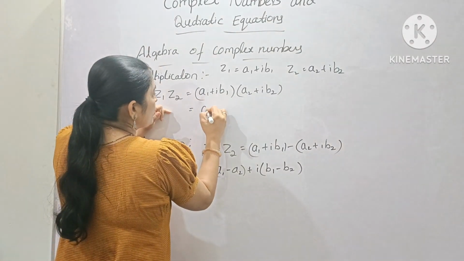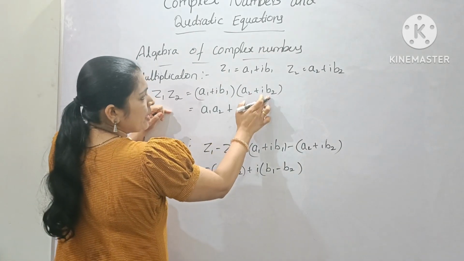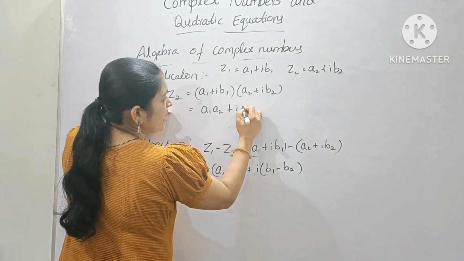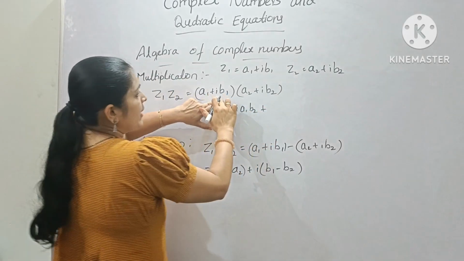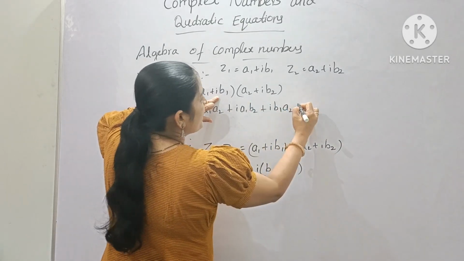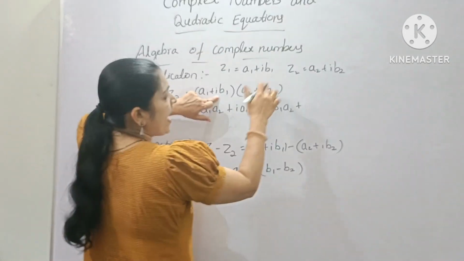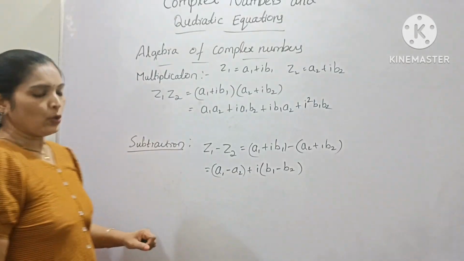a1 into a2, plus a1 into ib2, that is i a1 b2, plus i b1 a2, plus i into i square b1 b2.